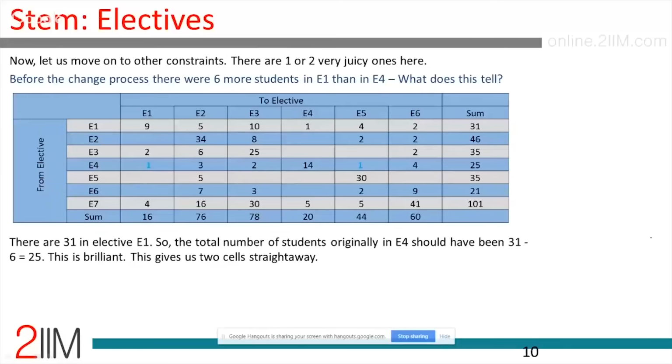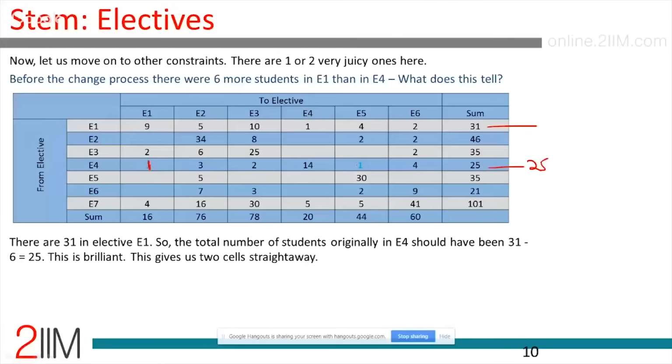The first constraint: before the change process, there were 6 more students in E1 than E4. In E1 there were 31, so E4 should have been 25. Remember, E4 had 23 and 2 empty cells.